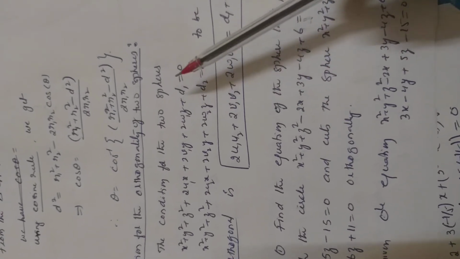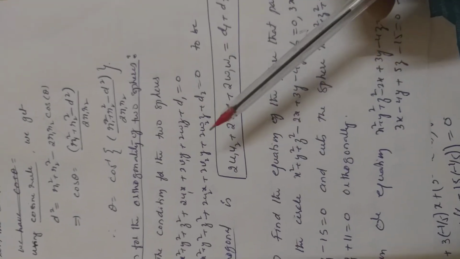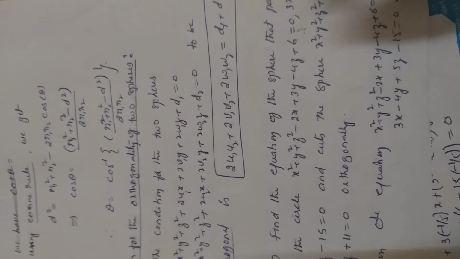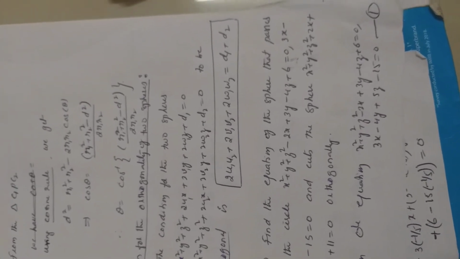If LHS is equal to RHS, that means the angle between them is 90 degrees, or you can say the angle between their radii is equal to 90 degrees. One problem based on this.